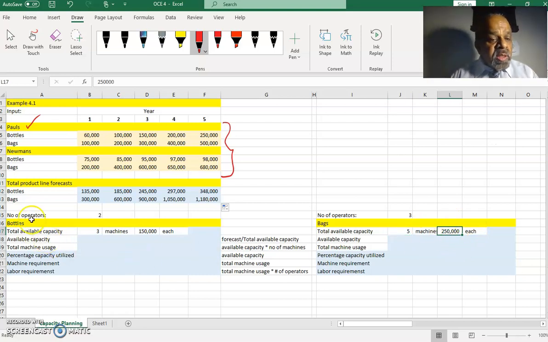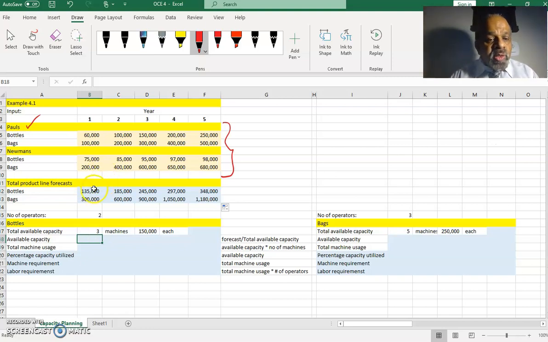So let's look at the bottles first. I want to find out what is the available capacity. The available capacity is basically how many bottles that I can produce and how many bottles that I want to produce.